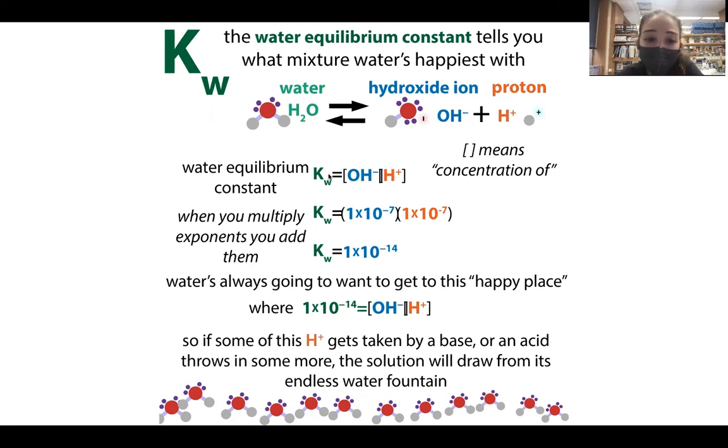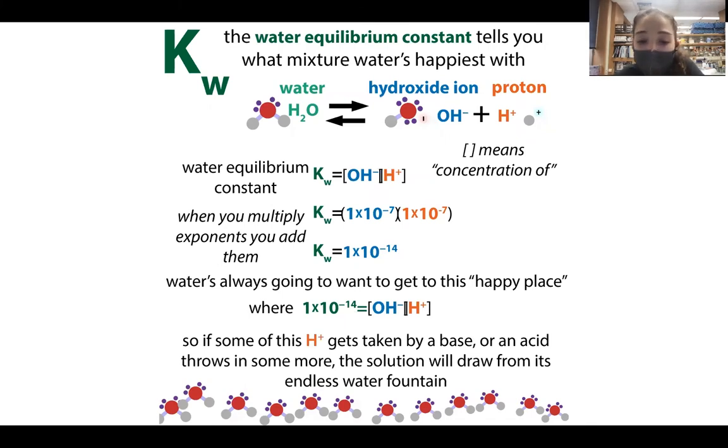When you multiply, you add the exponents, and so now you have Kw equals 1 times 10 to the minus 14. Water is always going to get to this happy place where 1 times 10 to the minus 14 equals the concentration of the hydroxide ions times the protons.